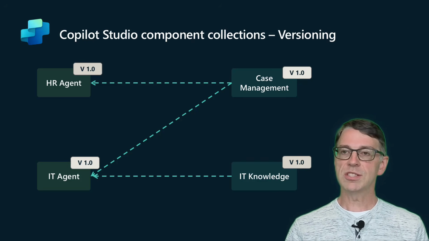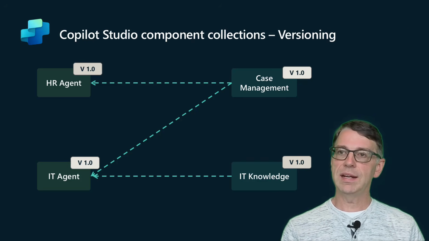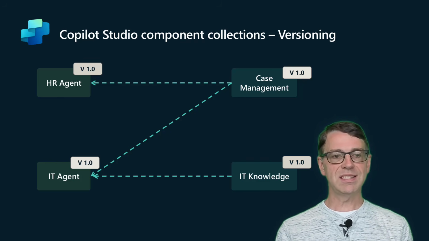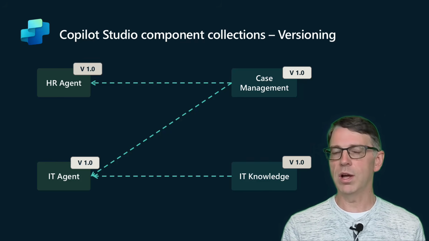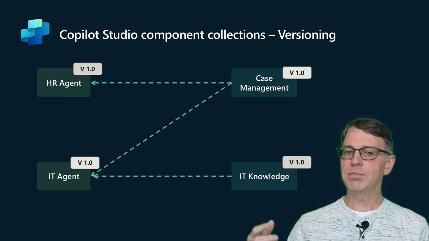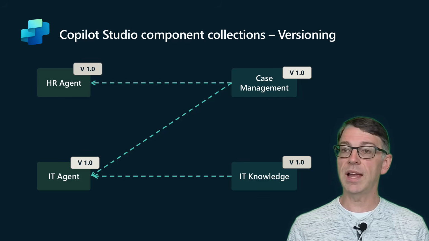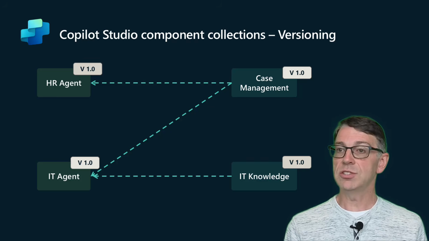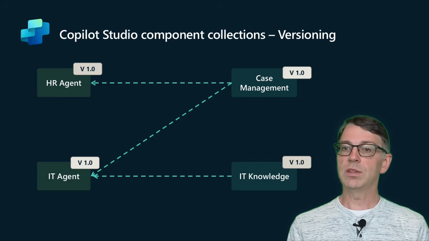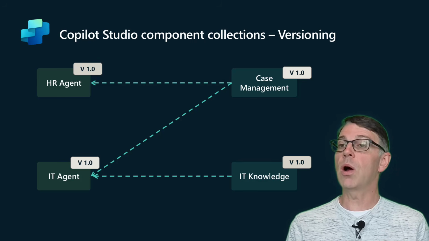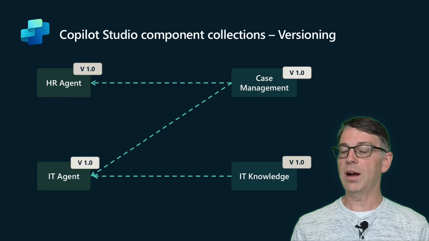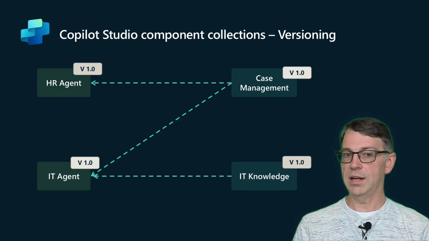Using our scenario where we had an HR agent and an IT agent, imagine in this case that they're both at version 1.0. I also have my case management component collection and IT knowledge on the right-hand side, and those are also going to be at version 1.0. So each of these is versioned at 1.0.